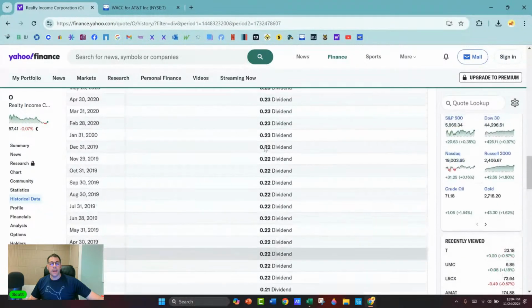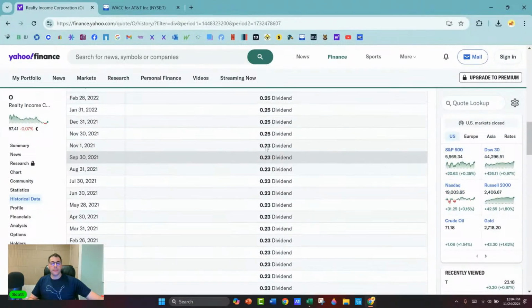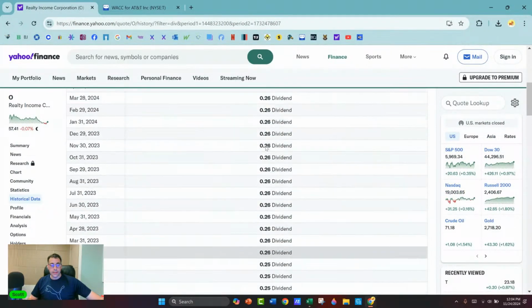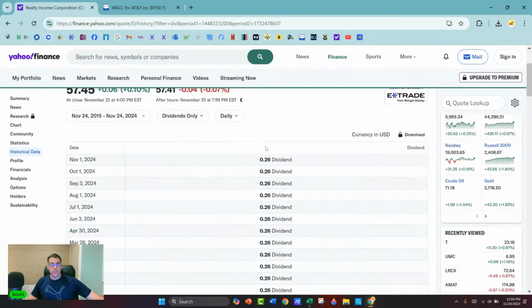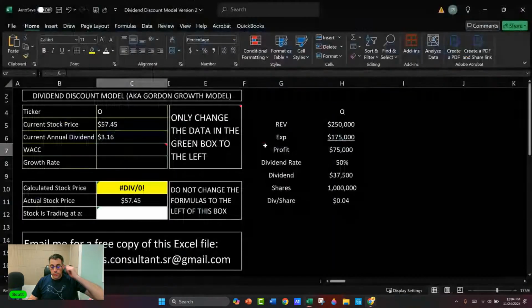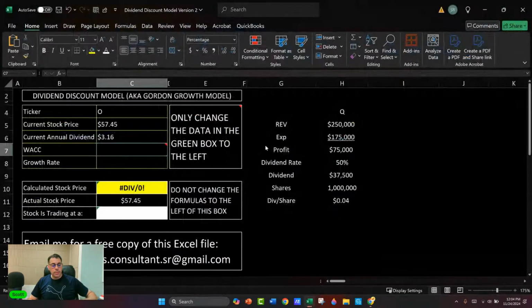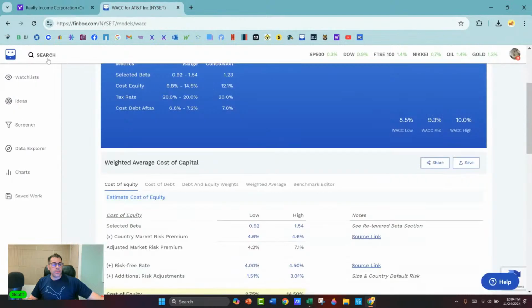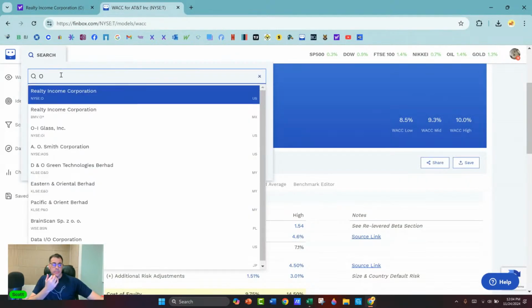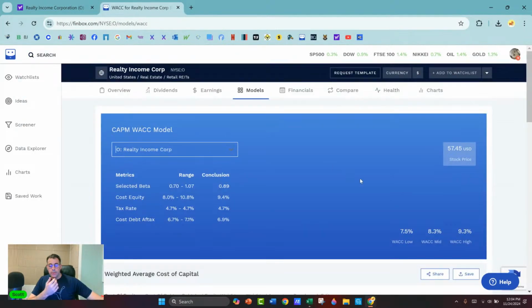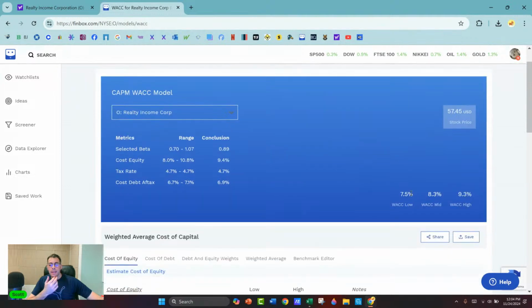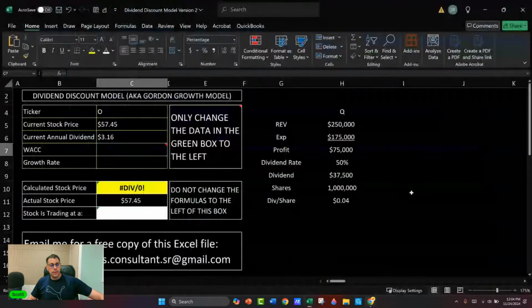So it looks like they raised it about a penny a year. So this is the perfect kind of stock to do it with. And the WACC is, well, WACC, discount rate, same thing. Let's use the lower one.